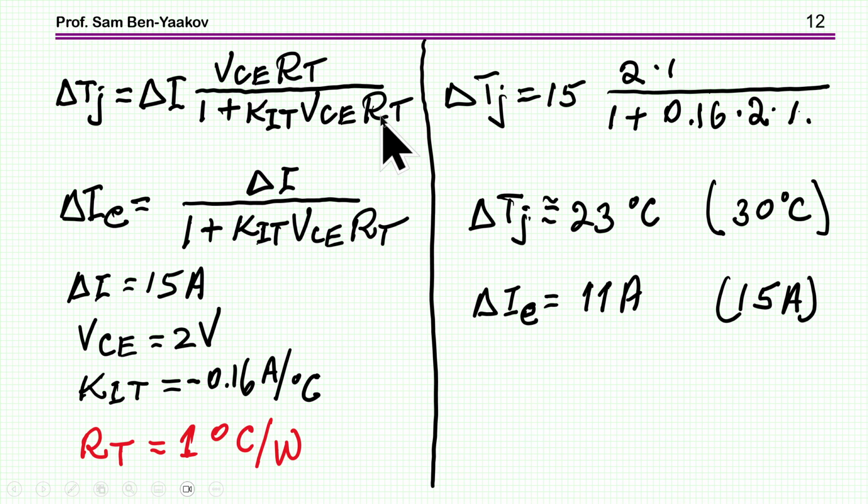So large thermal resistance is good in this respect, but we don't want large thermal resistance because it is increasing the losses. So the bottom line is that the negative feedback is indeed reducing the variation, both of the temperature and the current, but you wouldn't expect them to be very large because of the practical consideration.